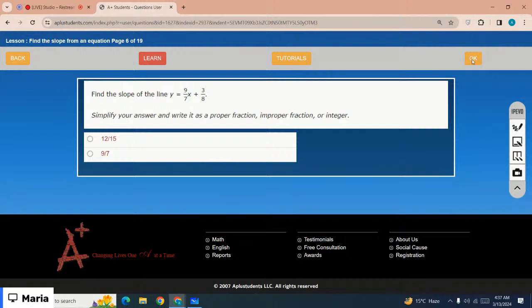Find the slope of the line y equals 9 over 7x plus 3 over 8. So, which is the correct option?